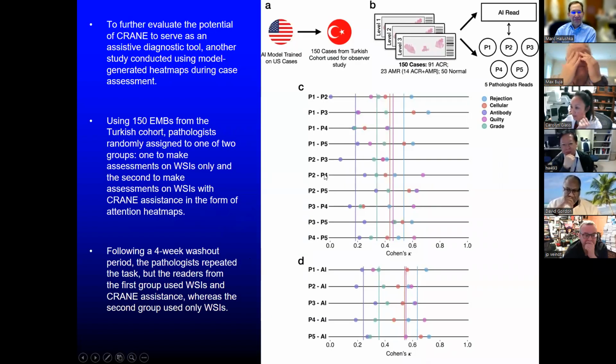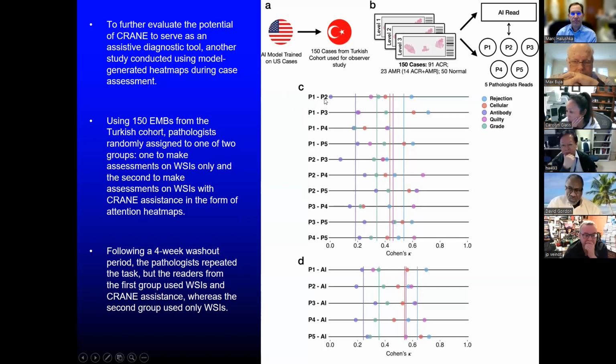And this is a supplemental table that shows P1 through 5, all the individual pathologists, and they're all looking at all these areas on the column. So part C is just human pathologists.